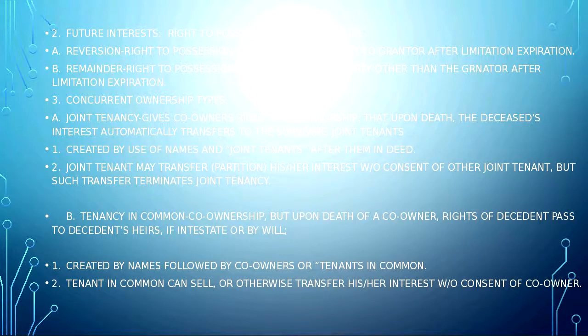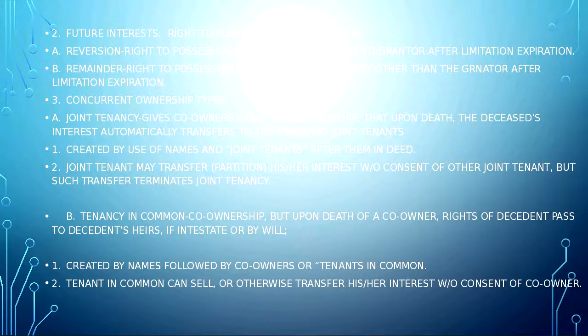A remainder interest is the right to possession returning to a third party, other than the grantor, after the limitation expiration. So let's assume for a moment we have a grantor who grants transfer of the property to another party upon their graduation from college.